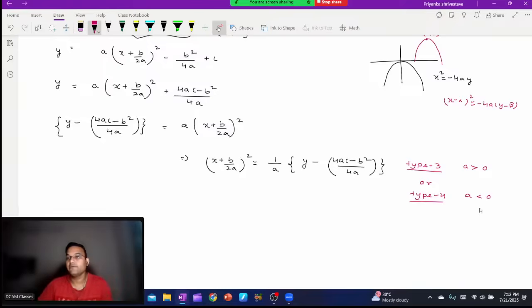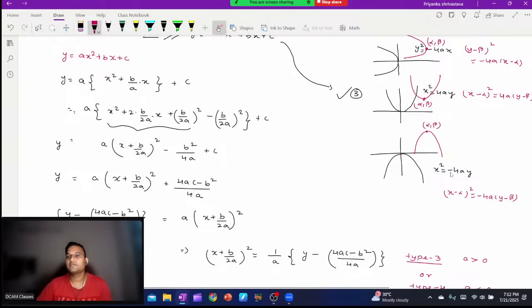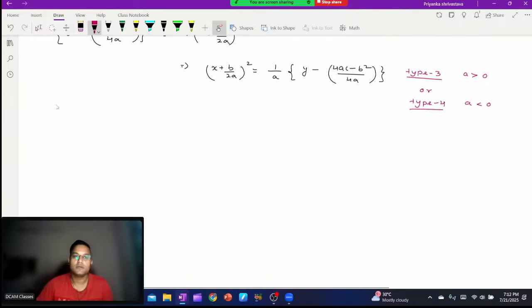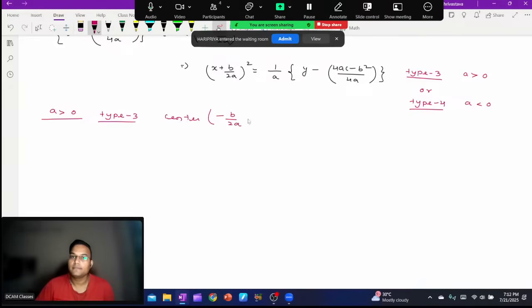If a is negative, it becomes x square is equal to minus 4ay type, with this negative sign. If a is positive, it will be of type 3. So now we'll see about this. If a is greater than 0, this is of type 3, whose center is minus b by 2a.